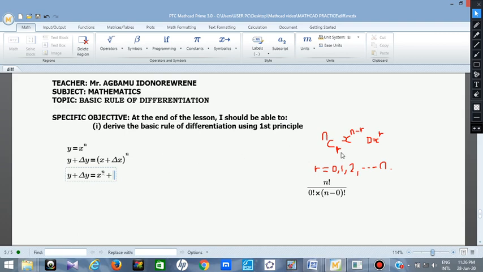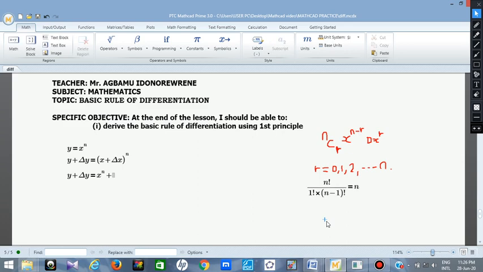What will be the second term? Now r is going to be 1. So if r is 1, this 0 factorial will be 1 factorial, and this place is now going to be n minus 1 factorial. If I simplify this further, n factorial, you know the rule for factorial, you keep multiplying downward.